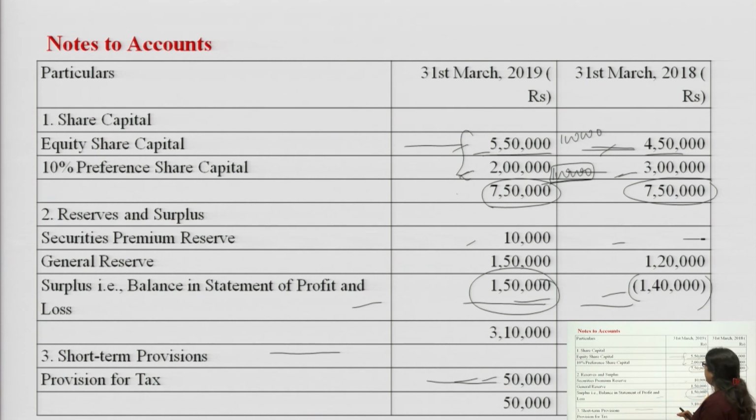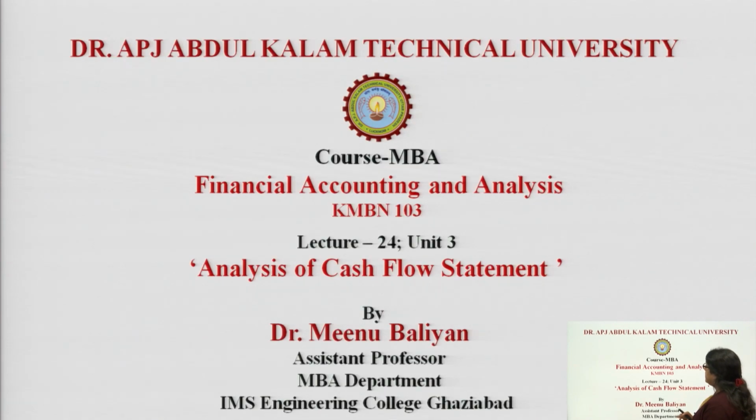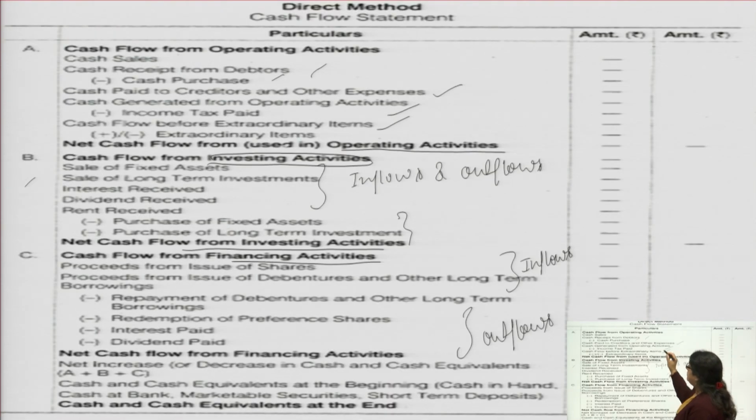So, giving a quick recap for the same question, see this. First we have taken the operating activities. All the operating activities means we have considered net profit here, if there was any loss we have considered it, we have also taken the depreciation part and all the cash receipts from the debtors, and the cash paid to the creditors.